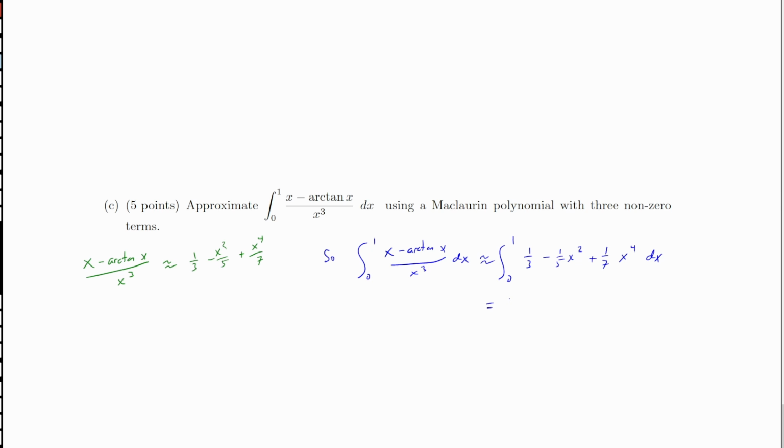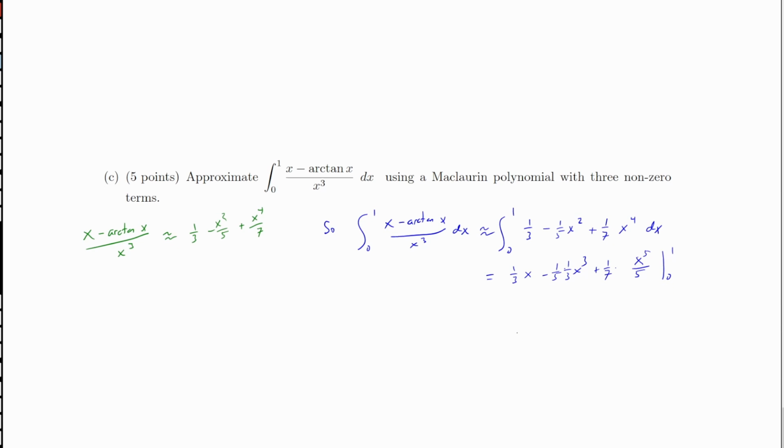And now I integrate away. I get 1/3 x; add 1 to the power, divide by the new power. So I have 1/3 x minus 1/15 x cubed plus 1/35 x to the 5th, which is 1/3 minus 1/15 plus 1 over 35 when I plug in 1, and 0 minus 0 plus 0 when I plug in 0.